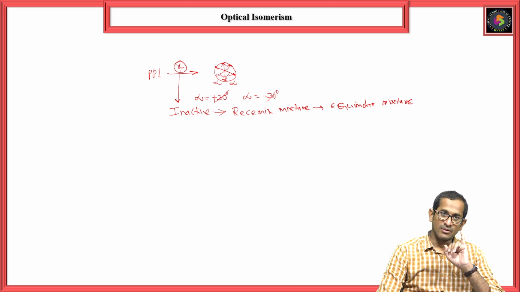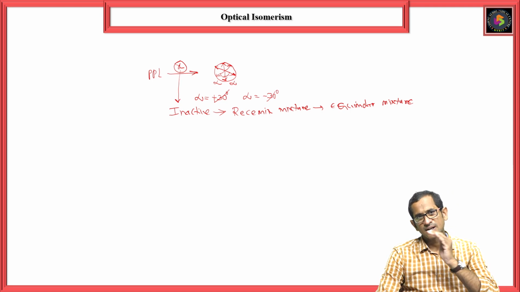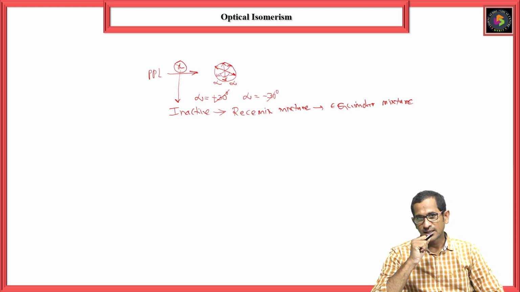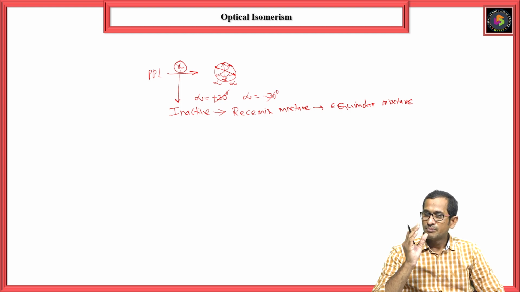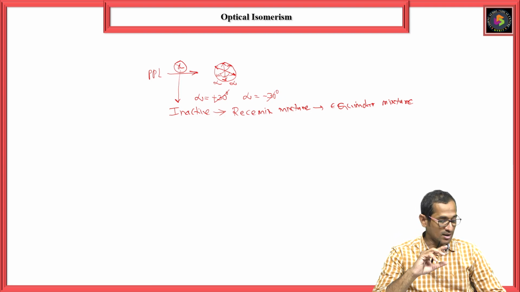So here the first one is dextrorotatory. That is possible when the light is rotated by the compound towards the right side or clockwise. The second is levorotatory, in which the compound rotates the plane polarized light towards the left side. Those two are optically active compounds.